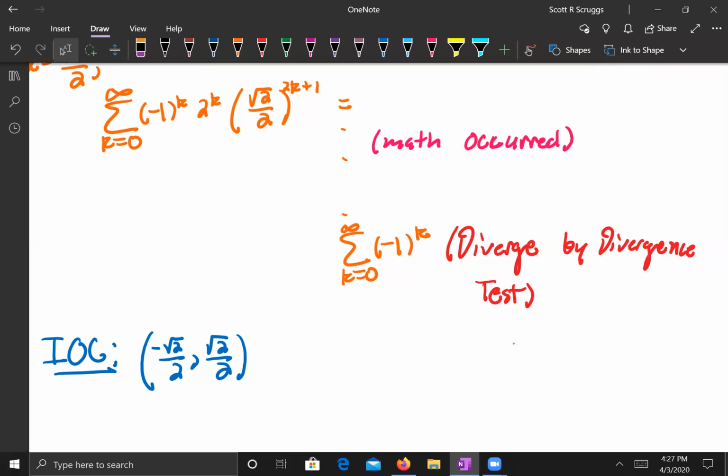There might be a case where, let's change this up, let's say I had a decaying power in there. Then I would choose the alternating series test to show convergence. Or if I had a factorial, I would use the ratio test because that helps me get rid of that factorial.